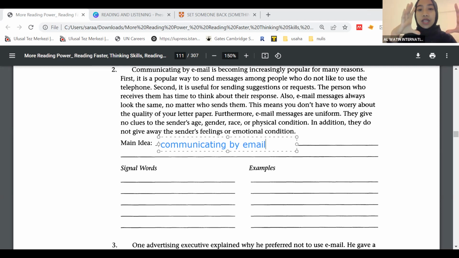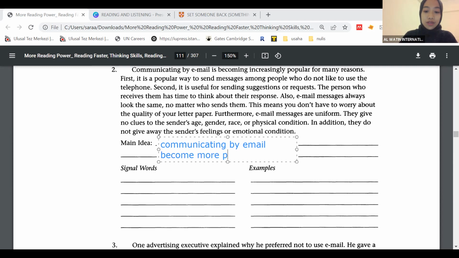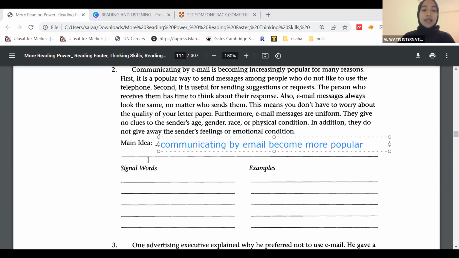So not only communicating by email, but how is it? Communicating by email, we can add, has become more popular. Okay. That's the main idea.